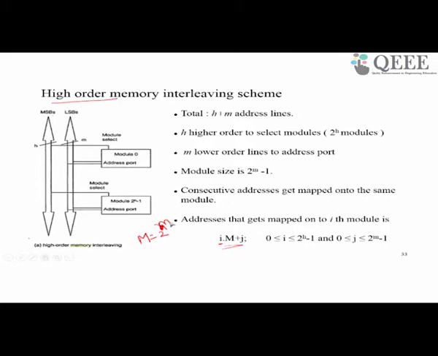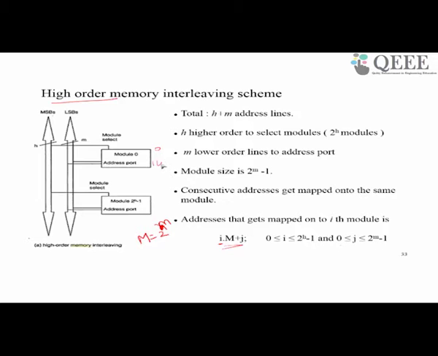So for example, if you construct the 0th module, the starting address will be 0 into M, which is always 0, plus j. The j can take a value from 0 to 2 power m minus 1. So 0 to 1023 will be present in this module.